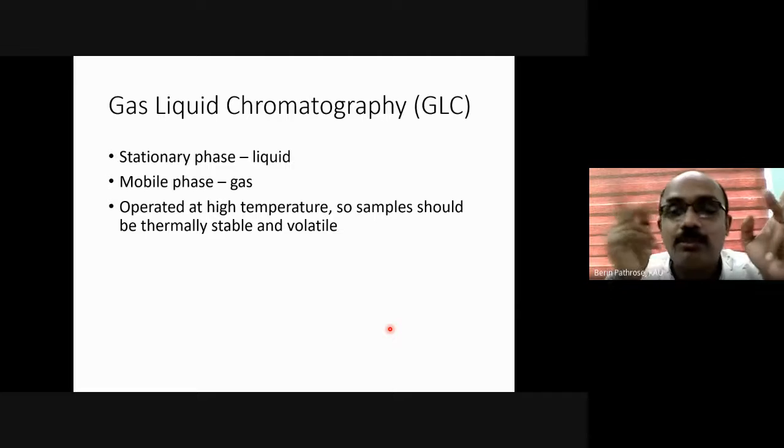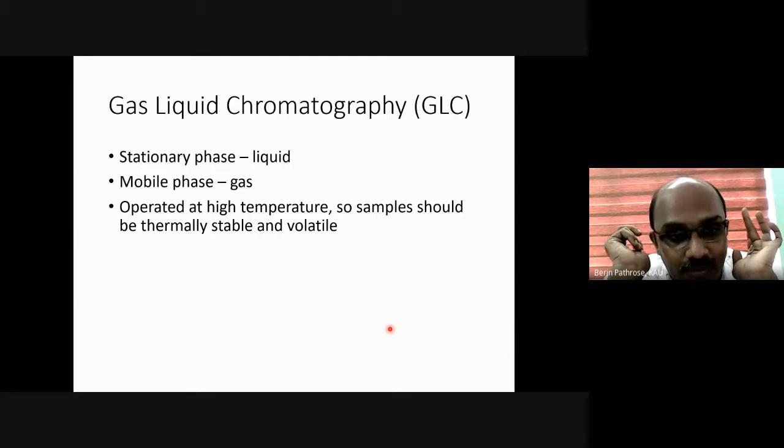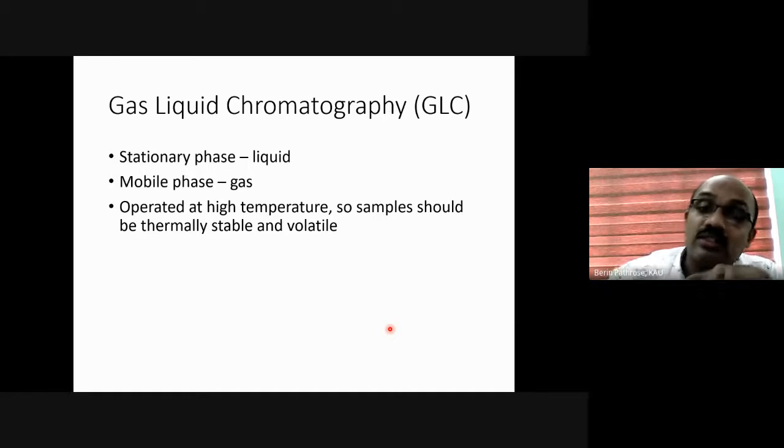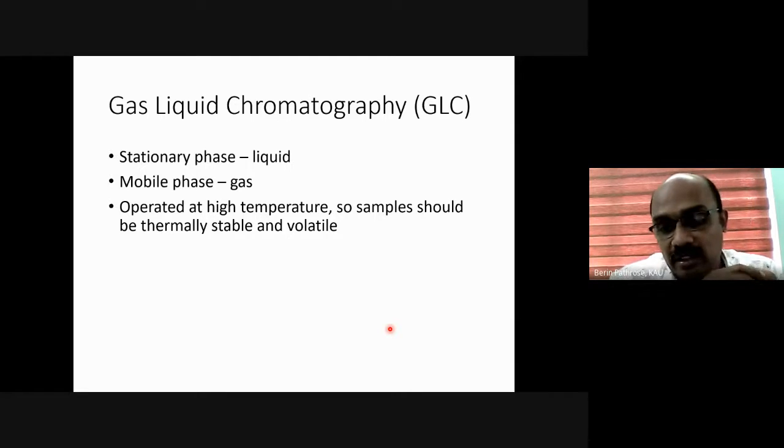And another most important thing is that it should be volatile. That means at high temperature, it should get converted into gaseous phase so that the carrier gas can carry forward the volatilized samples through the stationary phase.